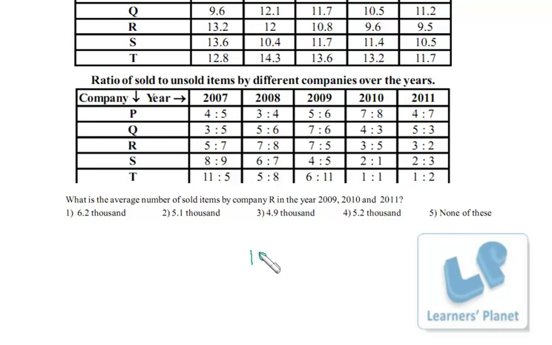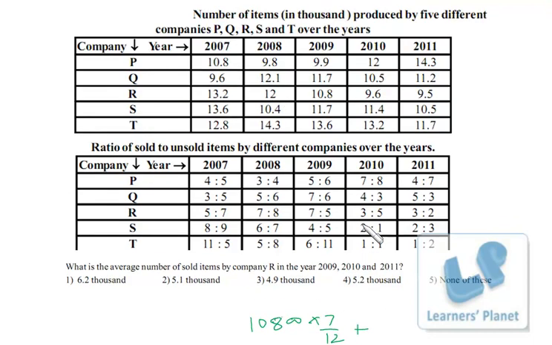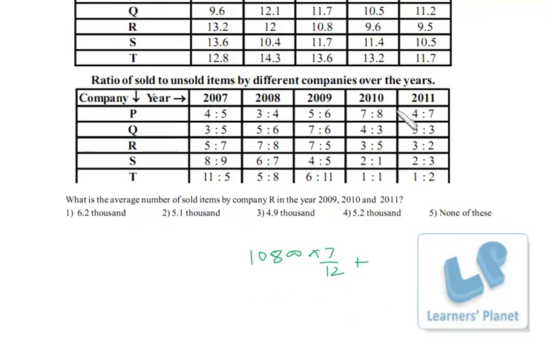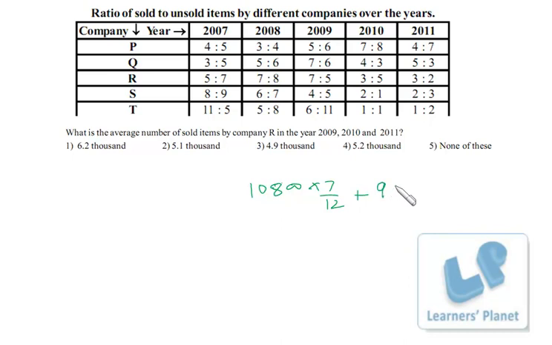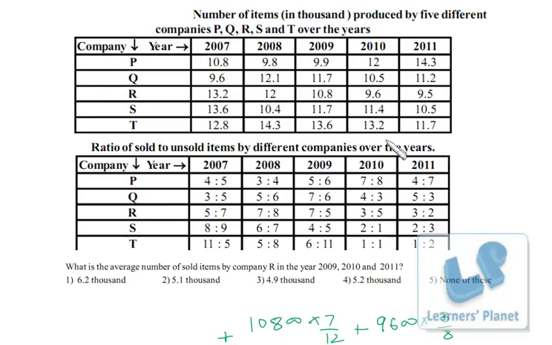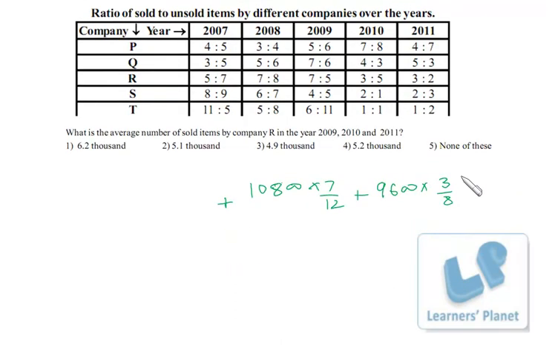So 10.8, or I can say 10,800, and it's 7 by 12, right? That's in year 2009. In year 2010 it is 9600 and 3 by 8. And in year 2011 it is 9500 into 3 by 5, right?